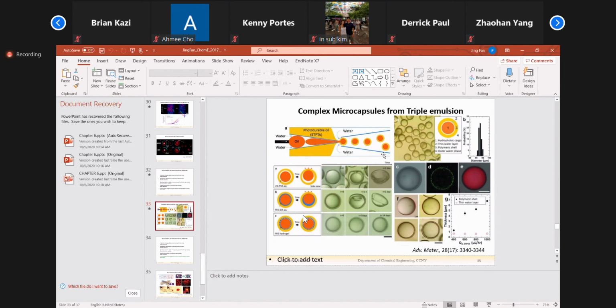So now my group is more focused on using these microfluidics-generated products as a model system to study fundamental physics or engineering problems. But still, whenever we have a chance, we're still interested in developing these functional materials.